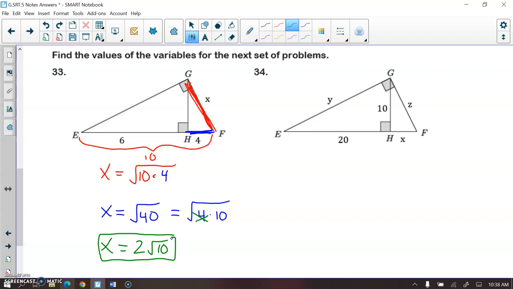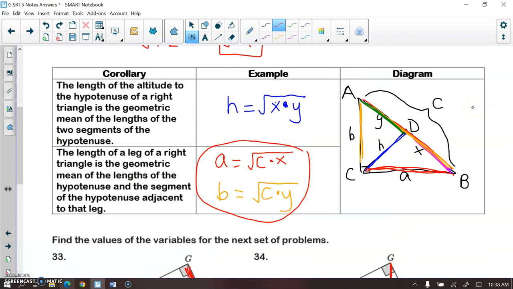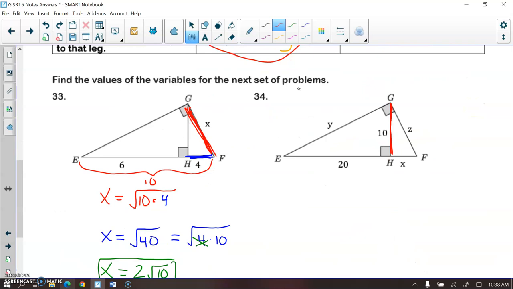Looking at my next one, it's probably helpful to find x first. We can find x by using the altitude. The altitude is using this equation here. So the altitude is equal to the square root of the two parts of your hypotenuse, so the square root of 20 times x.